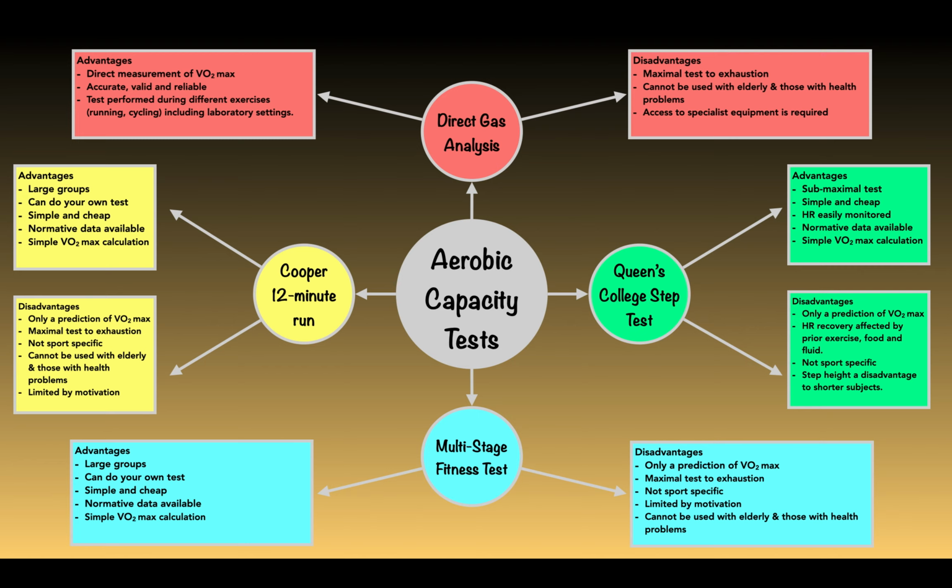The advantages and disadvantages are there on the screen for you to see, and I'm just going to explain how the test works. So this is an accurate test. It's one of the best tests to do to get a measurement of VO2 max. A subject performs continuous exercise at progressive intensities to exhaustion. Now, expired air is captured by a mask with a tube connected to a flow meter and a gas analyzer.